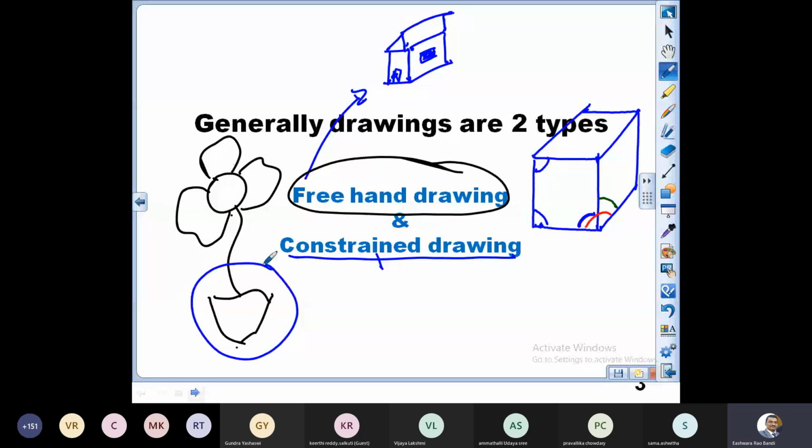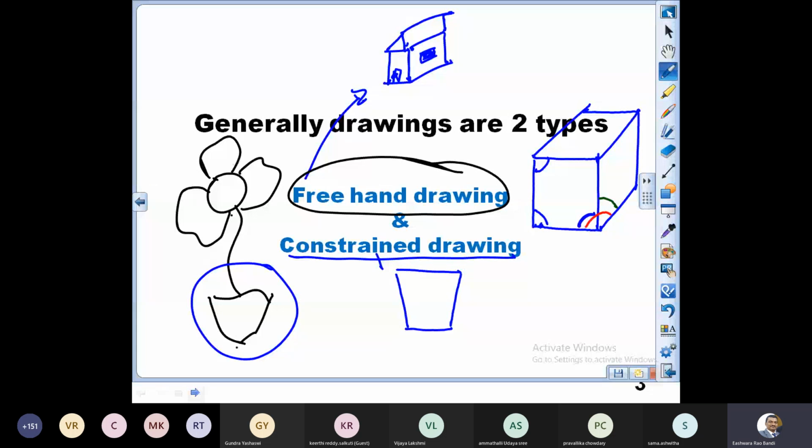If I mention the pot, I'll have a 10 centimeter base, and with some 10 degrees inclination, I'll have the pot, right, the side inclinations, and only from the front.